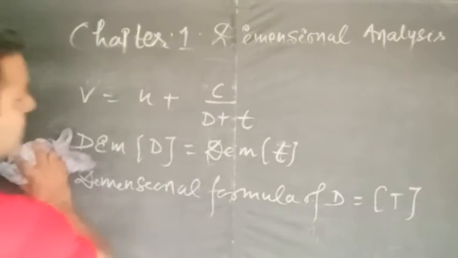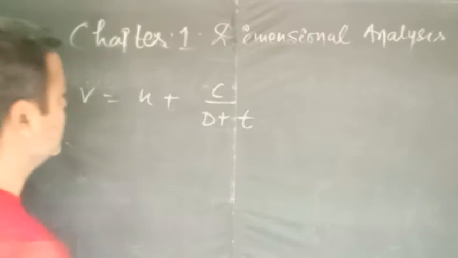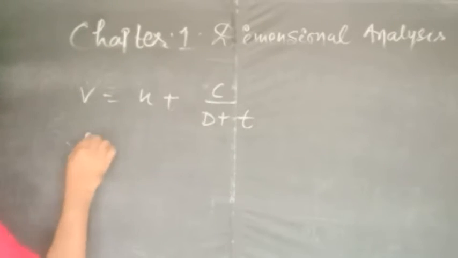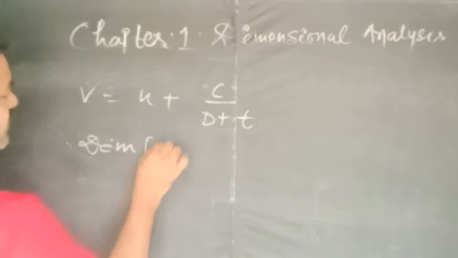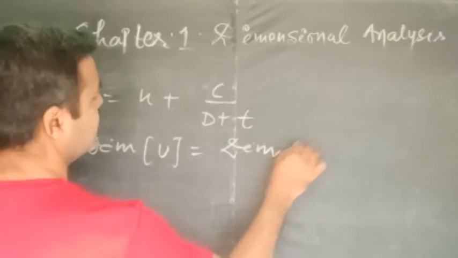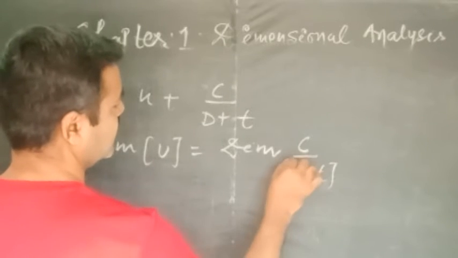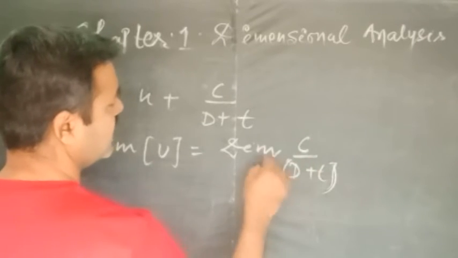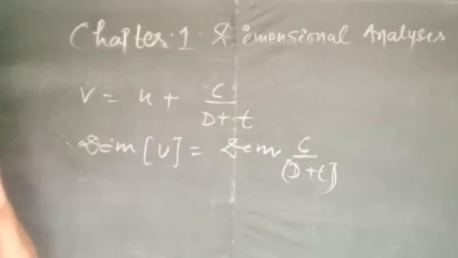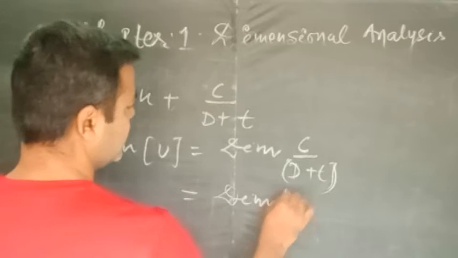In dimensional analysis, each term has the same dimensional formula. So the dimensional formula of V equals the dimensional formula of C upon D plus T. Clear? Here, the dimensional formula of C is to be determined.